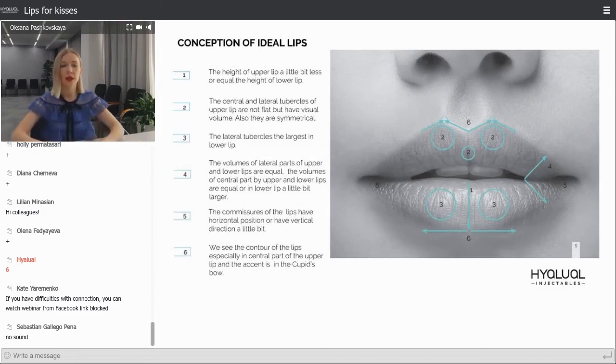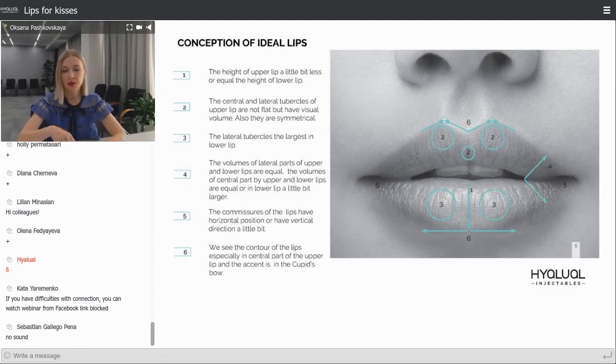Because when we analyze the lips and try to figure out our approach, we should pay attention to the lips. The perfect lips are when the height of the upper lip is a little bit less than or equal to the height of the lower lip. Of course, we talk about Caucasians, but we will see later about Asians and Afro-Americans too.